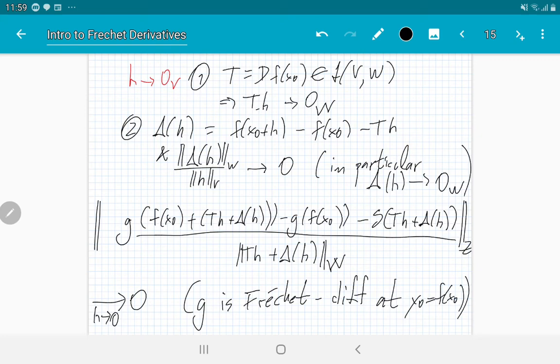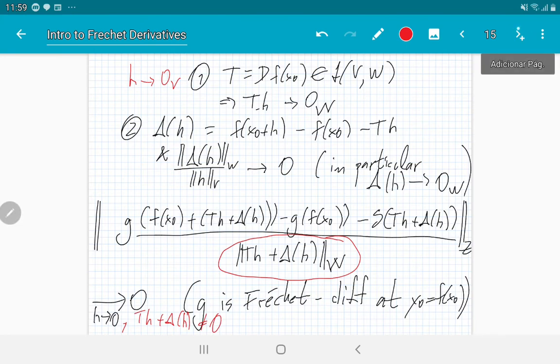Of course, when I write this limit, I'm being slightly imprecise. It could be that the denominator is 0 for certain values of h. So let me say when h goes to 0 and T h plus delta h is different from 0, so if you take any sequence of h's satisfying these two conditions, then we're in good shape. Of course, we have to fix that later, but we're going to see that's not a problem.